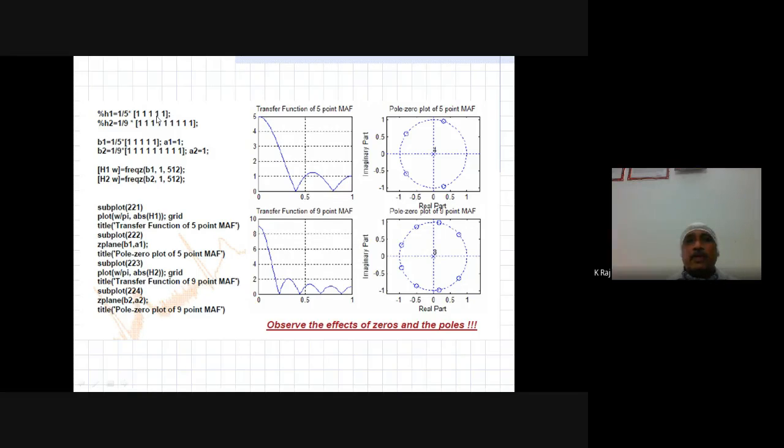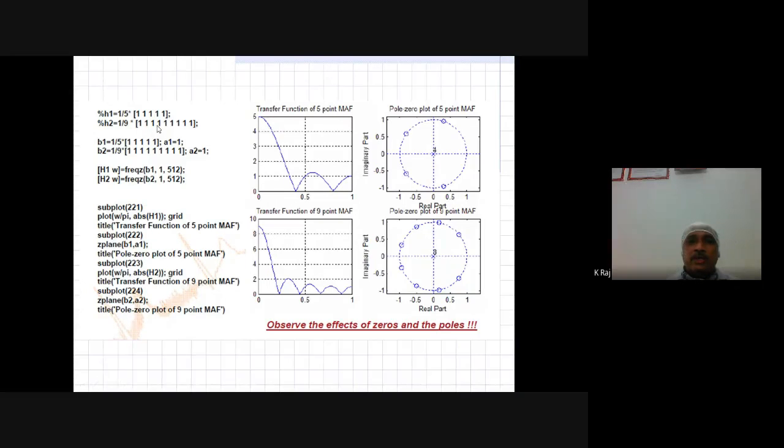The second one is 1/9 multiplied by 1, 1, 1, up to a total of 9 ones, so this is a 9-point moving average FIR filter. There are two filters: one is the 5-point moving average filter, and the second is the 9-point moving average filter.